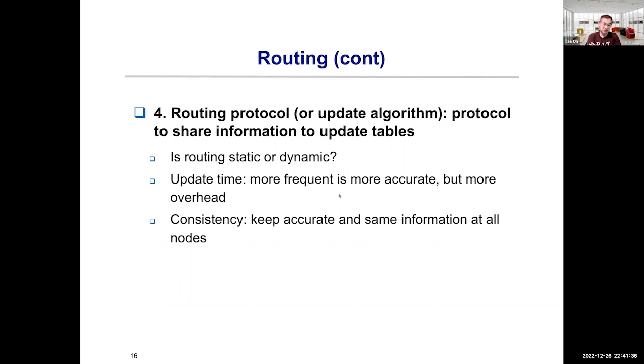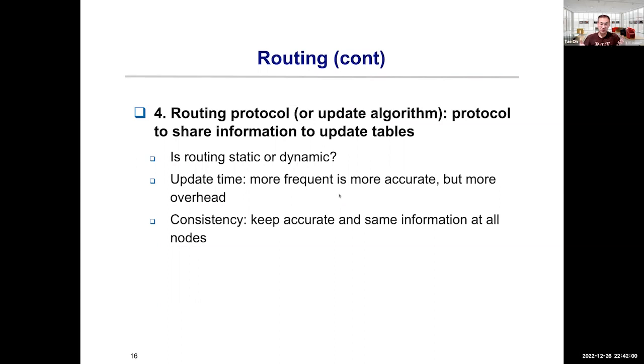It depends on how the table changes. Okay. And also, how often do you need to send the updated information to the neighbor? The more frequently you send it, the more accurate the table becomes, right?